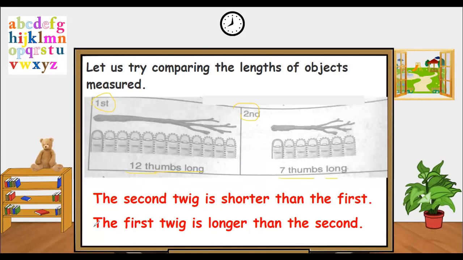So we can say that the second twig is shorter than the first twig. And the first twig is longer than the second twig. Okay, because we can see this one is the first twig, it's 12, and the second one is 7 thumbs.